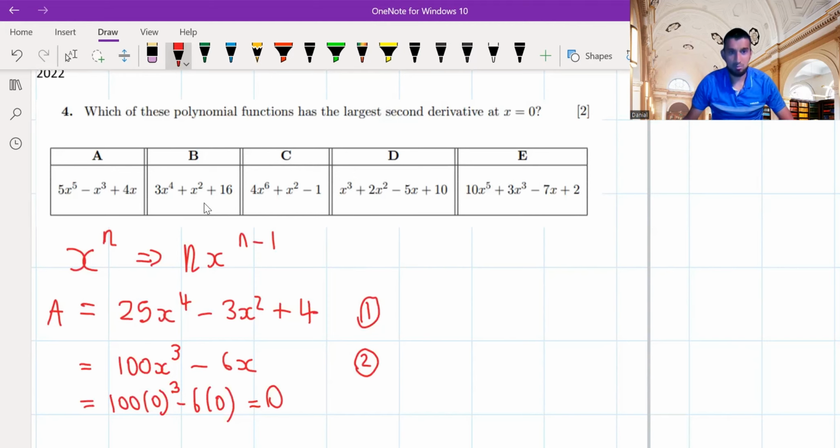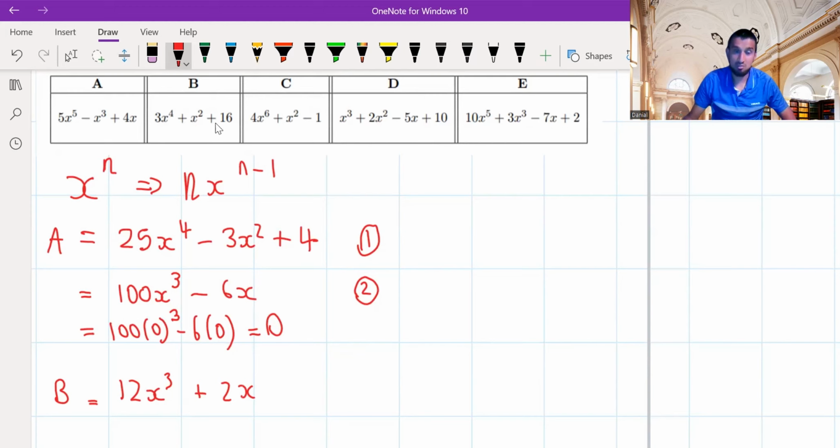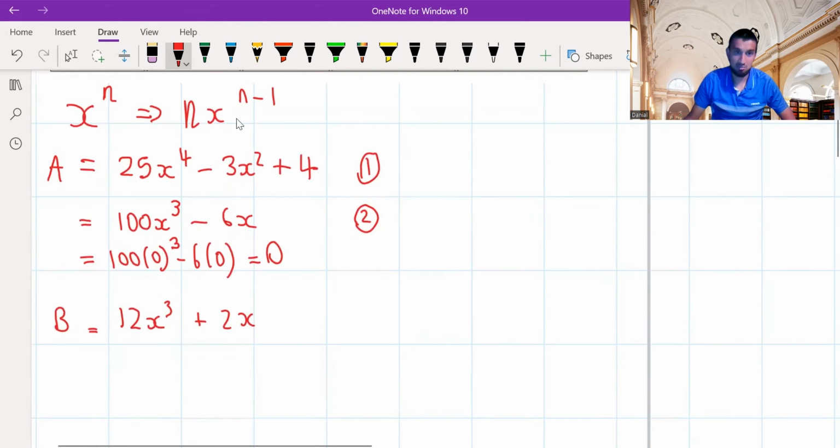Okay, so let's do b. So b, the first derivative, will be 12x cubed plus 2x, and then the 16 will just go to 0, because where the power of x is 0, anything times 0 is 0.